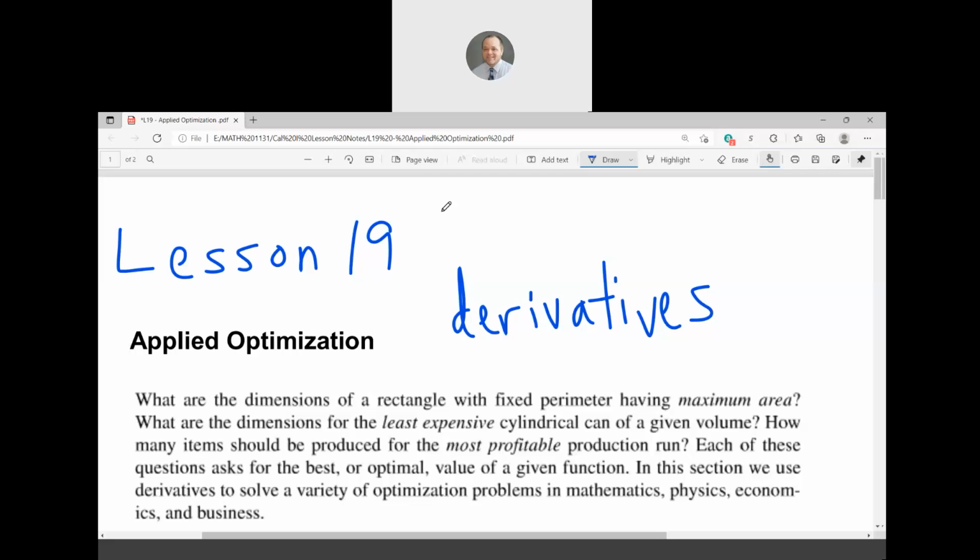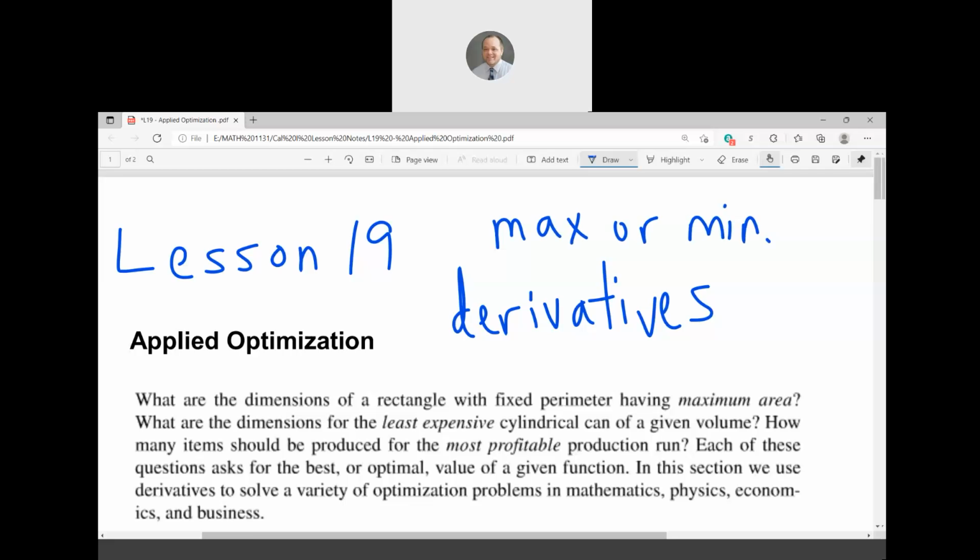If you noticed, the key words were like most or maximum or least or sometimes smallest. Those key words deal with derivatives and specifically max or min values.